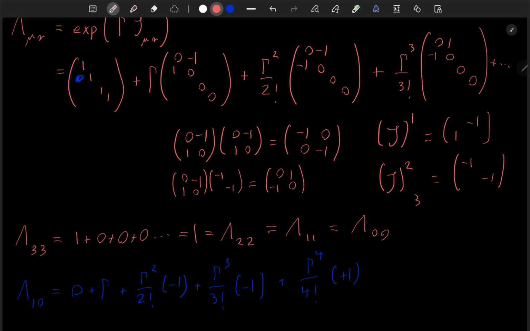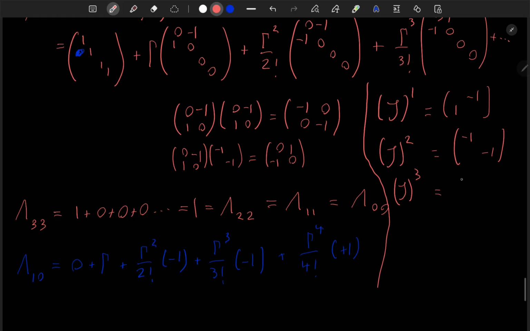To the 3, oh, this is getting messy. We get the negative of our original. To the 4, check this out, we just get the identity. And then finally, on 5, we end up back where we began.